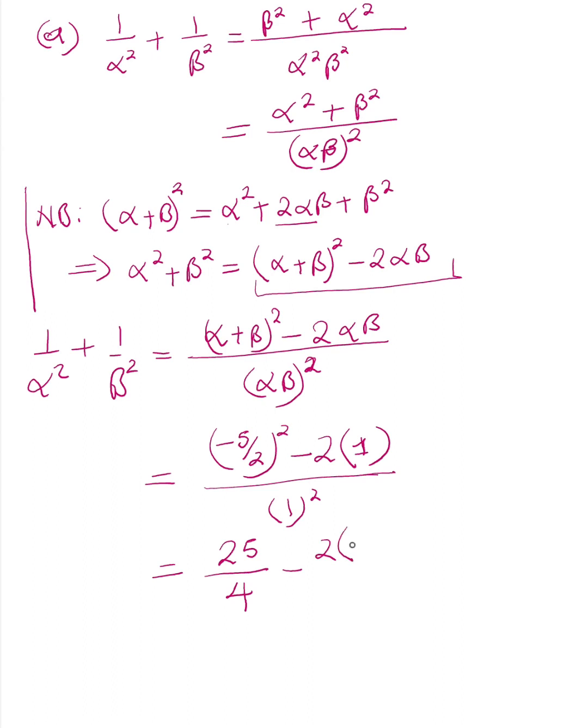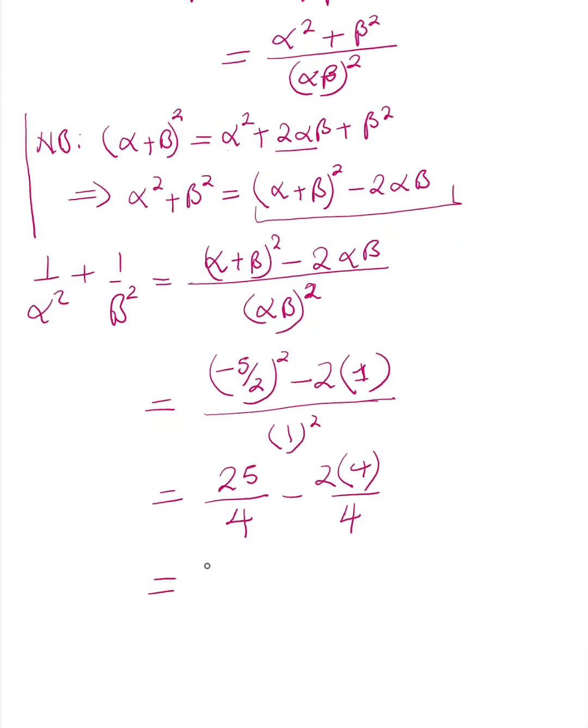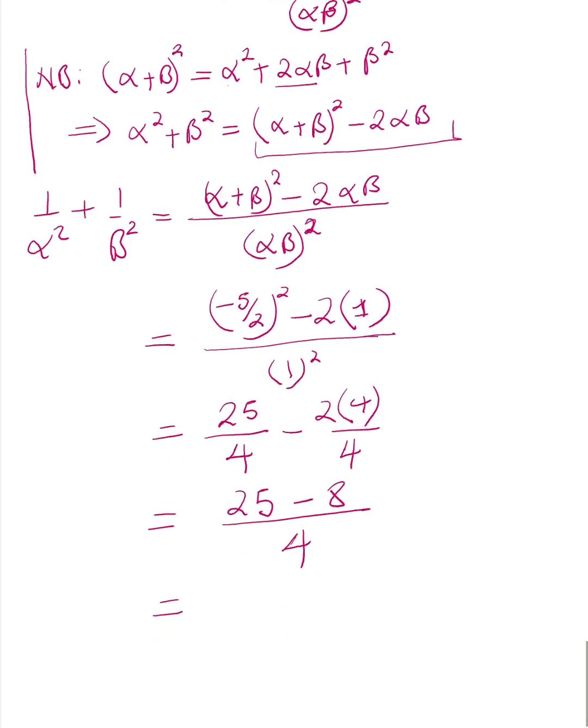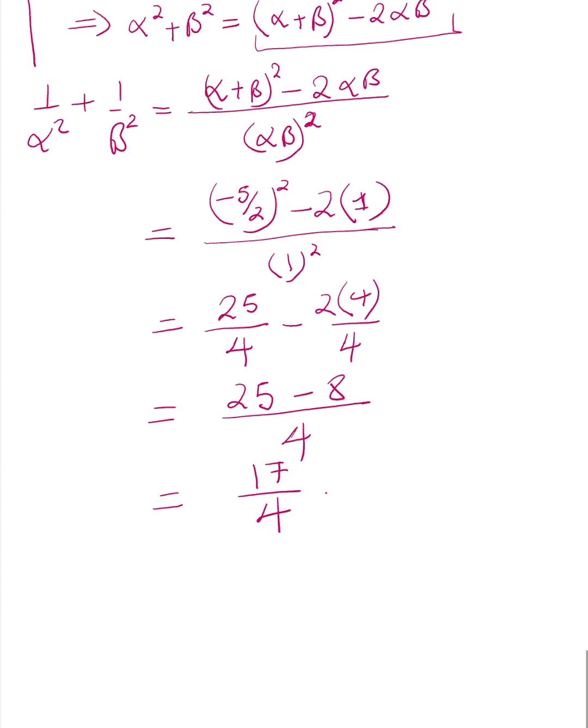I just express this as a single fraction, which is 25 minus 8 over 4, which is just 17 over 4. So this sum is 17 over 4.